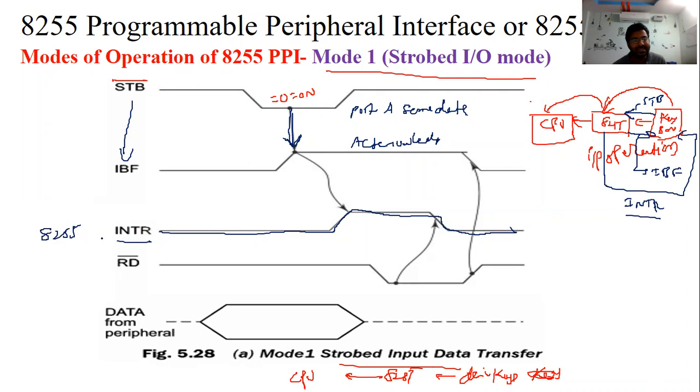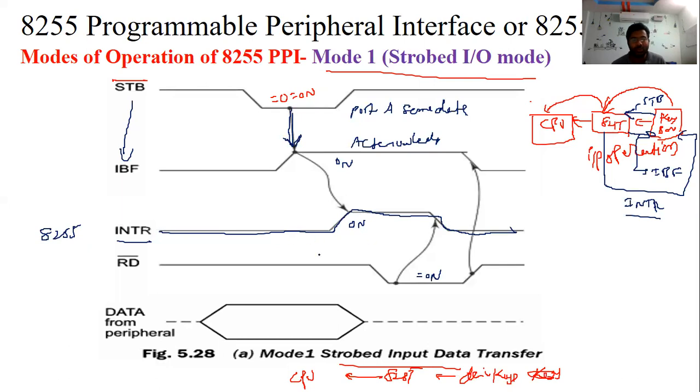The 8255 PPI generates the interrupt request for two reasons here. One reason, when it starts, IBF is on and at that time the interrupt request is also on. When it ends, up to the RD bar being on, if it is low, it is nothing but on.